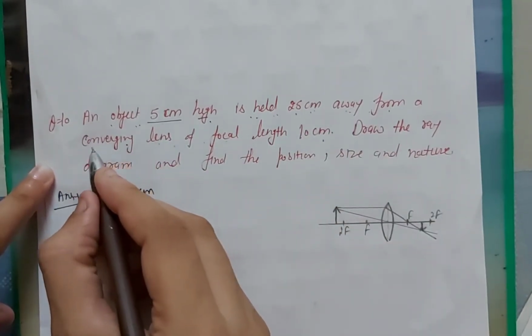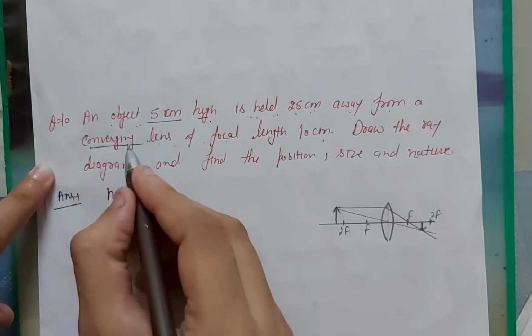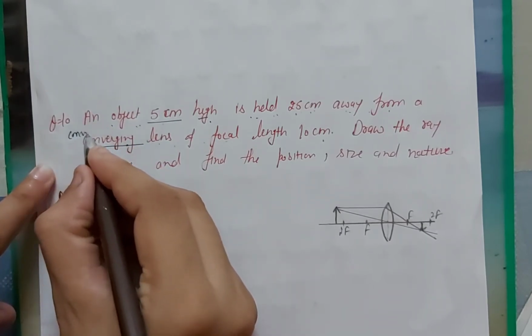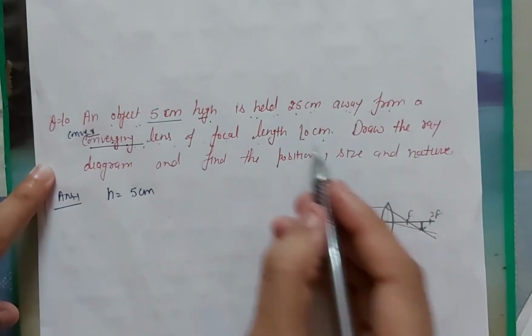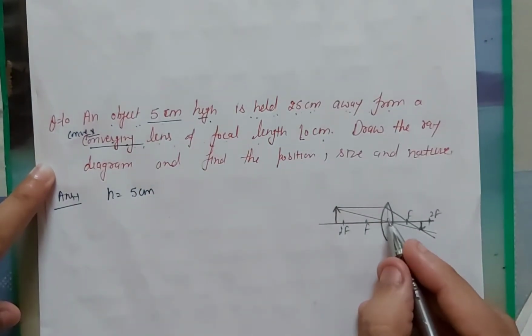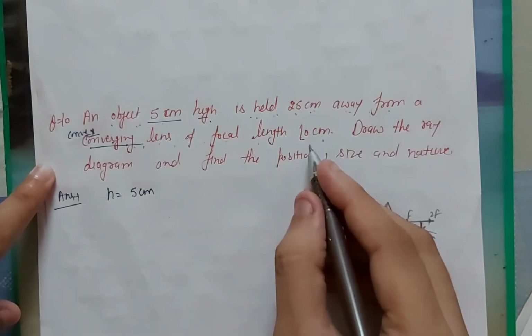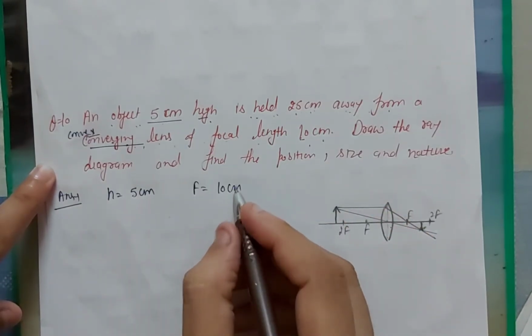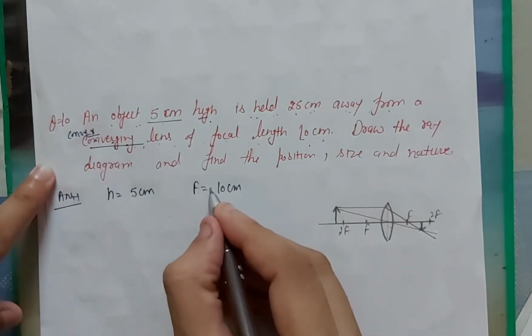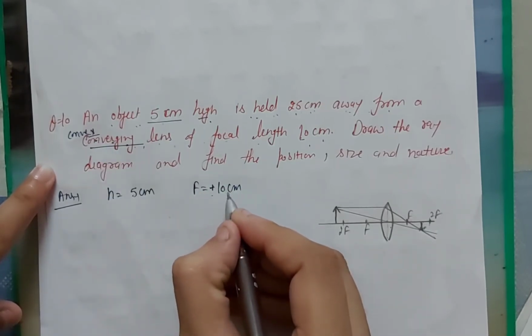Which lens is given here? Converging lens, and a converging lens is a convex lens. So we will take a convex lens of focal length 10 centimeter. In case of a convex lens, focal length is positive, so we will take it positive.